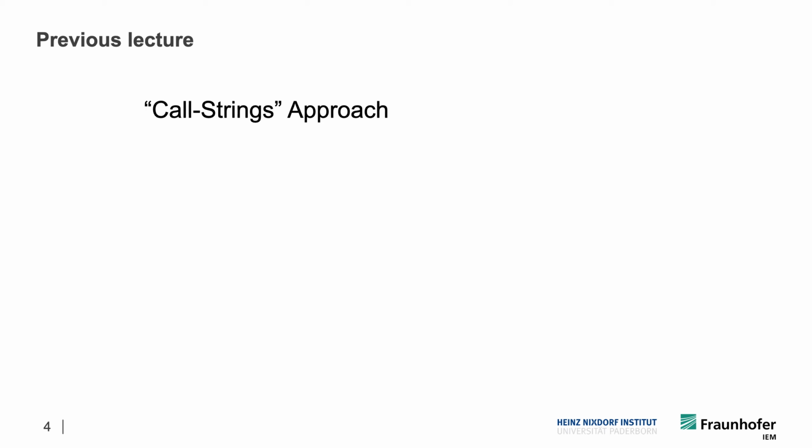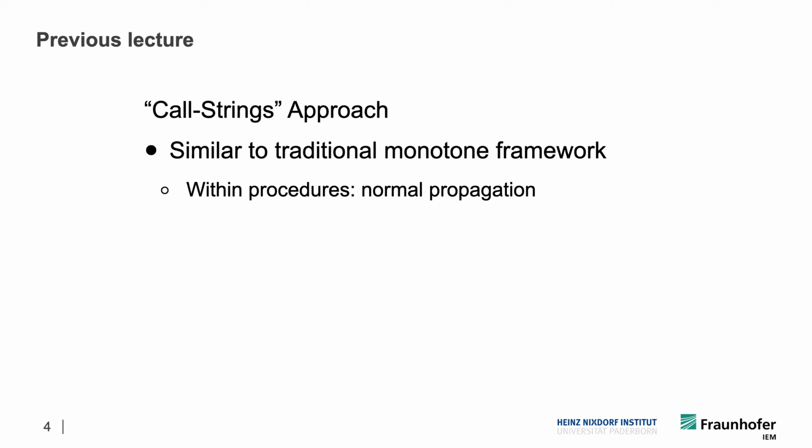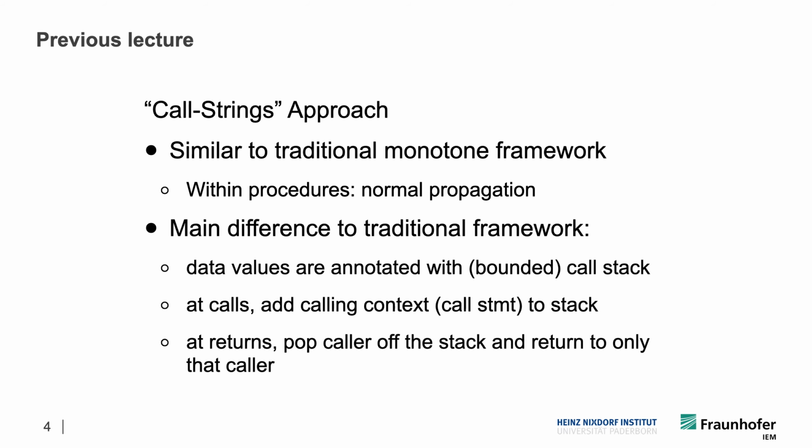If we briefly recap the so-called call strings approach, then you may remember that it's somewhat similar to the traditional monotone framework in the sense that we propagate simple data flow facts through the interprocedural control flow graph. And in fact, within procedures, we have pretty much a normal propagation.